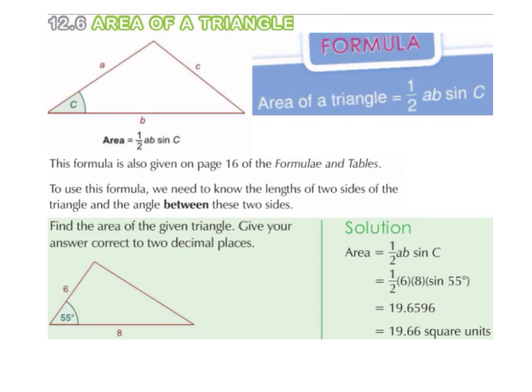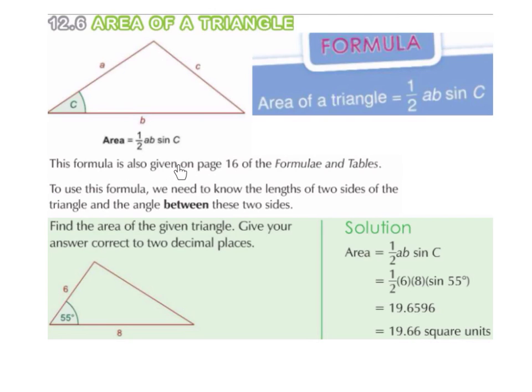So we have the side that's looking across at the angle that we've labelled as angle C as side C. Then we label the other two sides as A and B. It doesn't matter which is the A and which is the B. And then we just substitute into our formula.